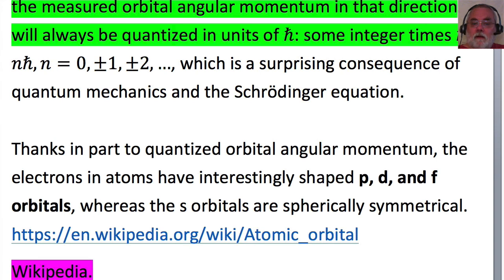Now, thanks in part to quantized orbital angular momentum, the electrons in atoms have interestingly shaped p, d, and f orbitals, whereas the s orbitals are spherically symmetrical. Let's look at this Wikipedia website.